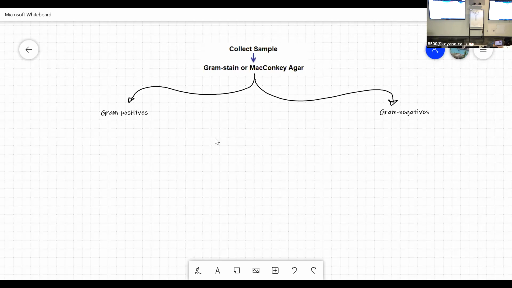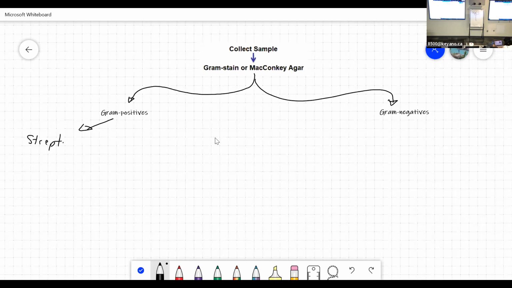we're looking at basically 3 scenarios. So let's see here. Here we go. So first scenario is Streptococci. Second scenario is Staphylococci.